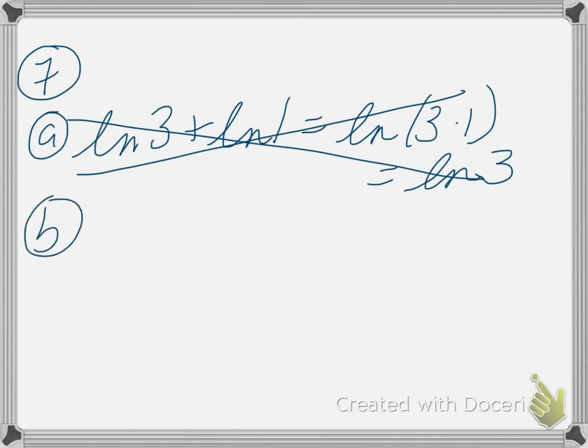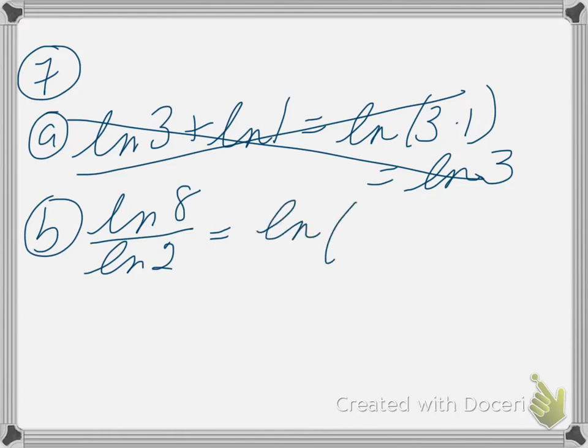Okay, for B, it was this. And this you can't do anything with, because those two are not equal. So B, there's no way that that's going to be ln of 4.